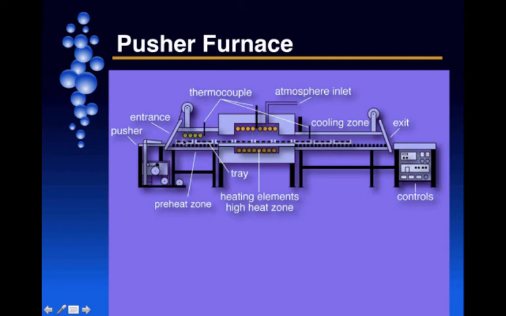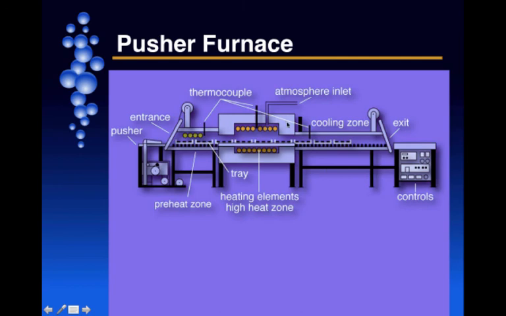So think of it as a situation where every time a part is removed from here, another tray of bricks is placed at the entrance. And so this will allow for a continuous operation. Because there are no moving parts inside the hot region per se that are key to pushing the parts along, it's just brick to brick motion. You can get to higher temperatures and can go up to 1800 degrees C in some of these quite easily.